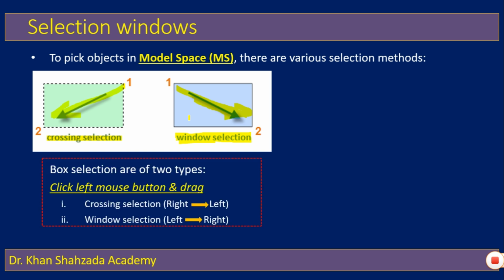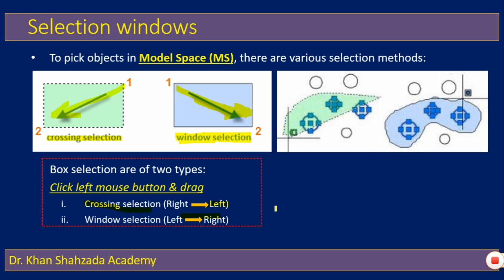This is the working principle of these two selection types. In crossing selection, you click on the right side and then drag your mouse to the left side. In window selection, you click on the left side of the object and then drag your mouse to the right side.